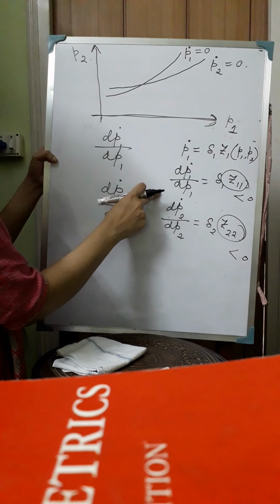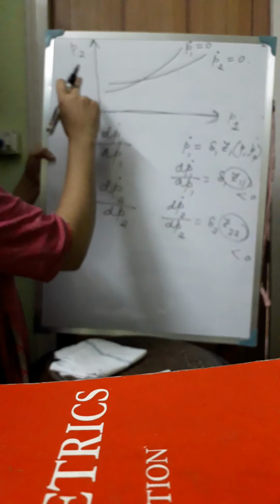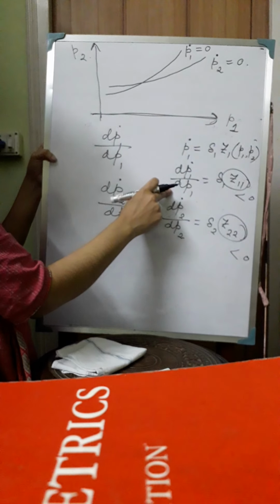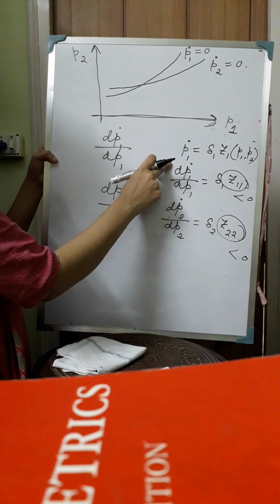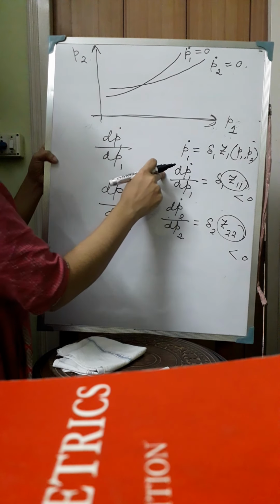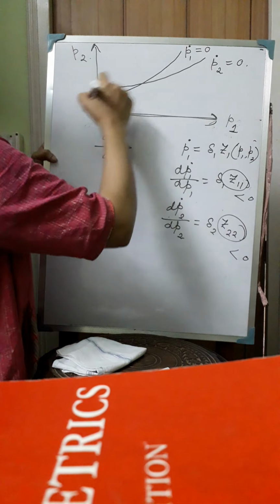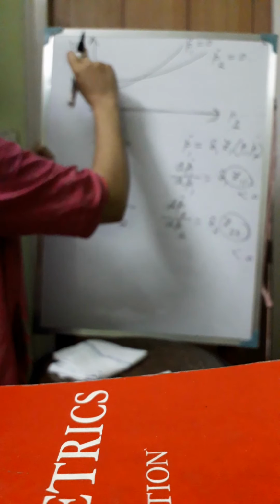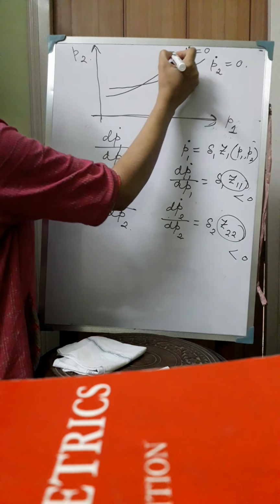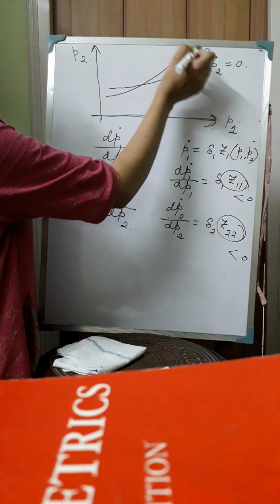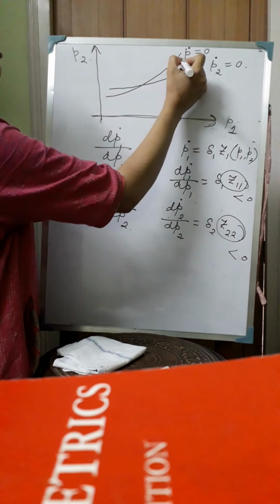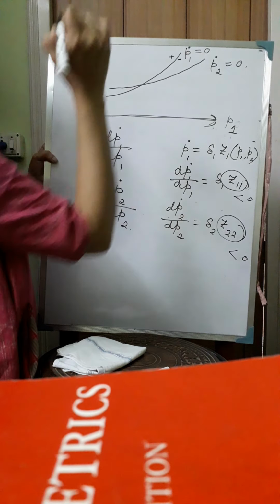So that means if we go from left to right, then P1 will rise and P1 dot will fall. If we consider this curve, then going from left to right we are getting these signs. To the left of this curve we are getting positive P1 dot, to the right we are getting negative P1 dot.